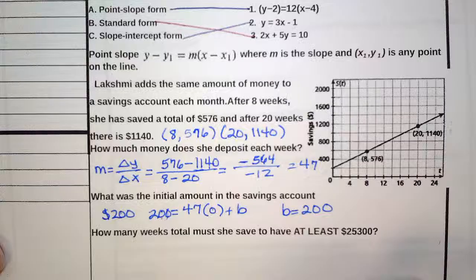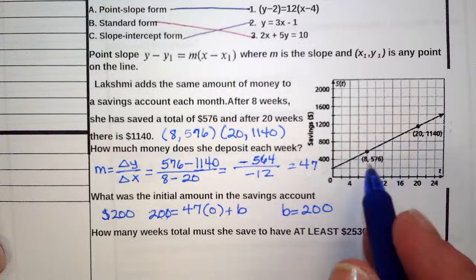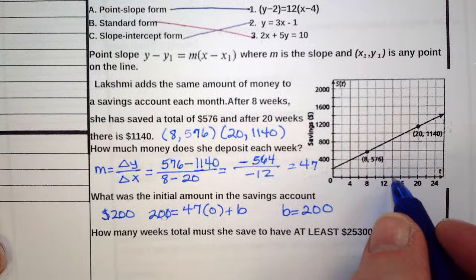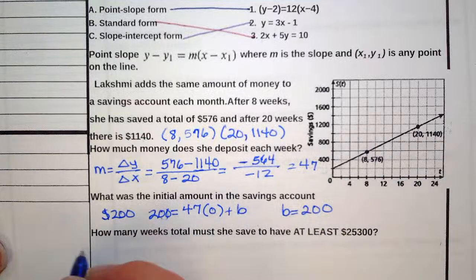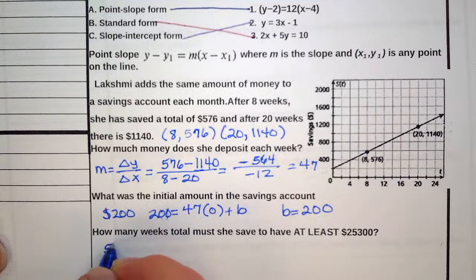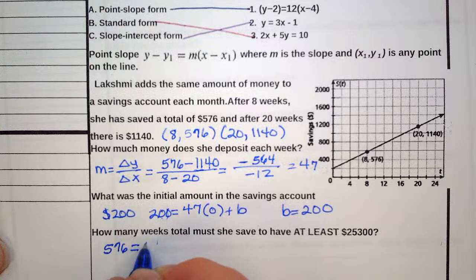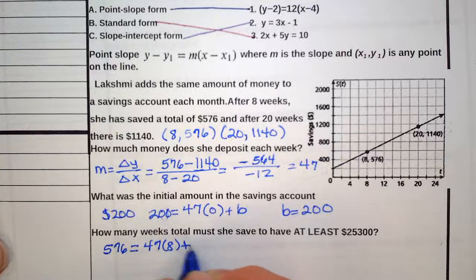We could also do it by putting in either one of these 2 points. So if I want to double check, 576, is that equal to 47 times 8 plus 200?